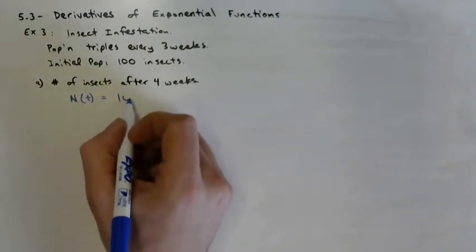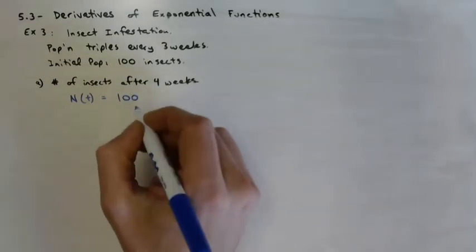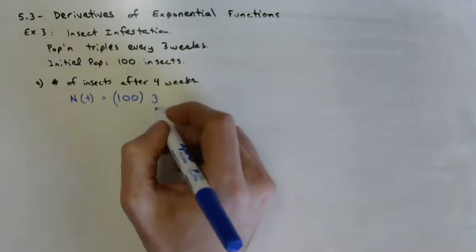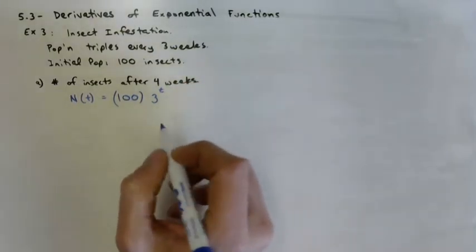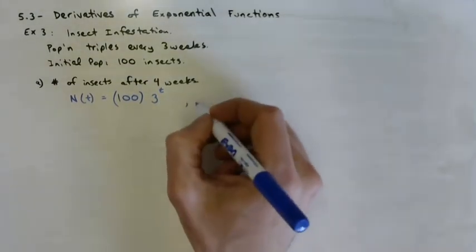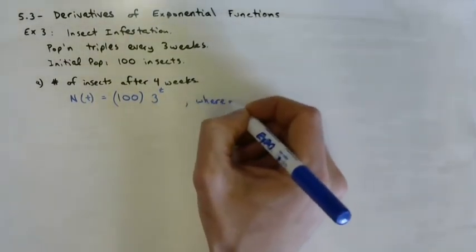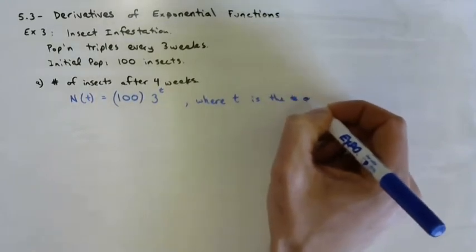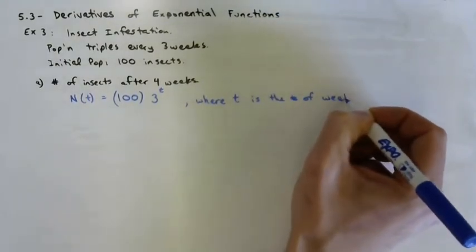Our initial value is 100. We have a tripling time, so our growth factor is 3. And it's to the power of t, where t is the number of weeks.